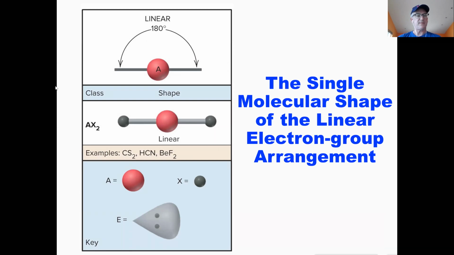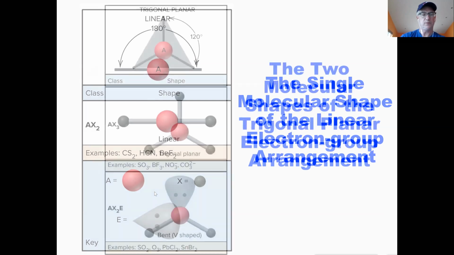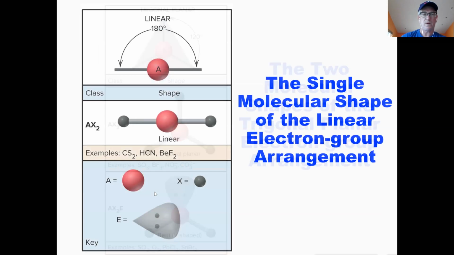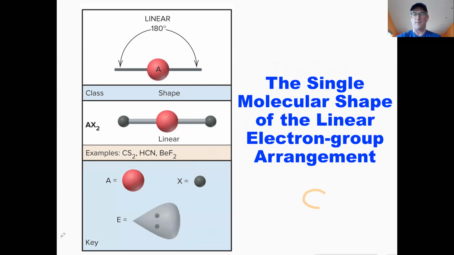So here's just some examples. We'll just go through a couple of examples. Linear shape. The classic example for a linear shape is carbon dioxide. And why is that a classic one? Because we have carbon in the middle, oxygen on that side, oxygen on this side.